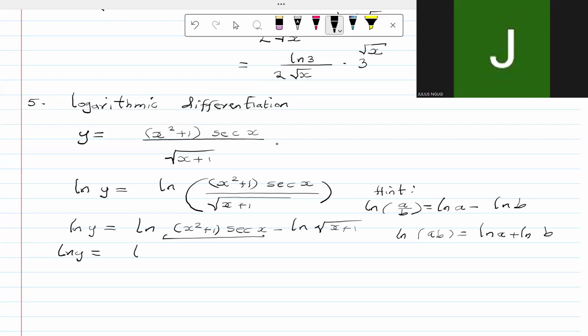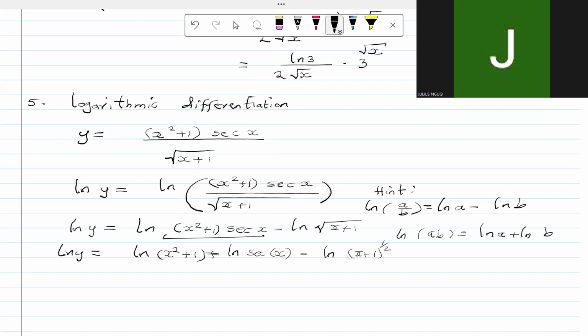So this one becomes natural log of x squared plus 1 plus natural log of secant of x minus natural log of, now here write x plus 1 to the power of a half. Power of a half. So now let's do the derivative.